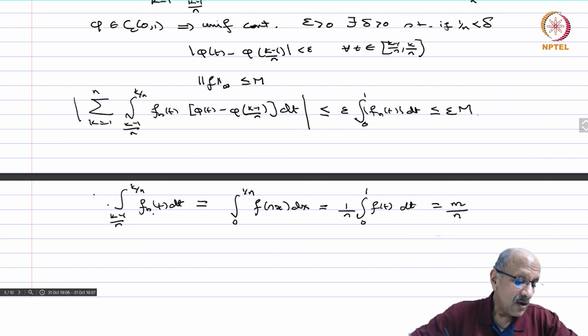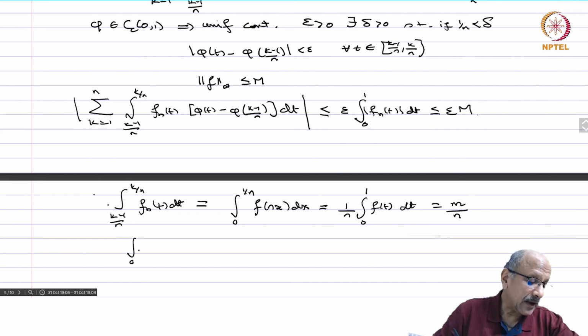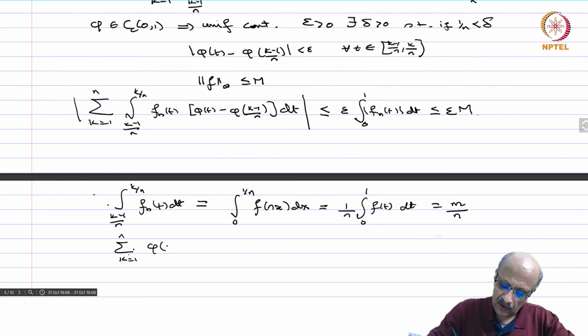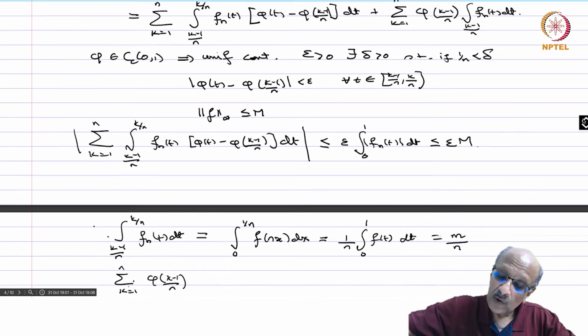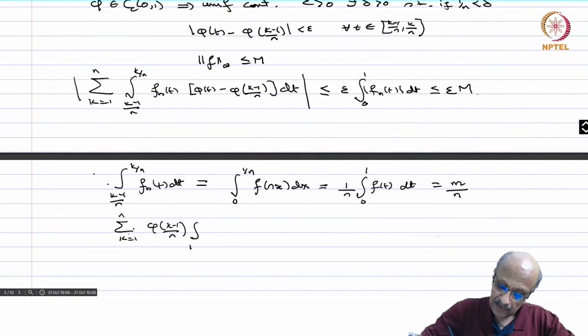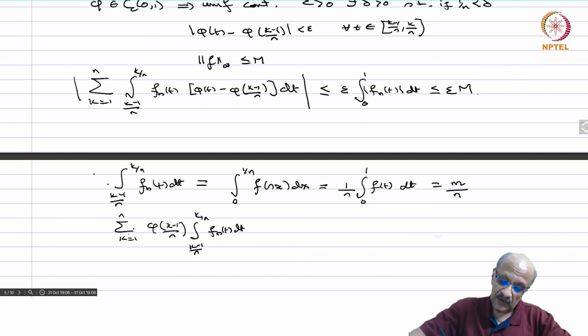So this is for every k. Now, what is the second term? The sum over k equals 1 to n of phi((k-1)/n) times the integral from (k-1)/n to k/n of fn(t) dt. That we just computed.